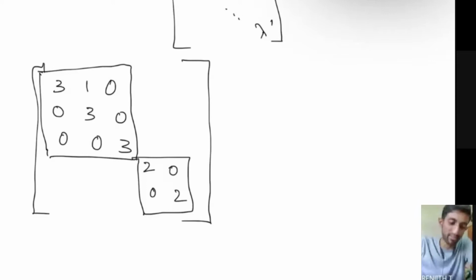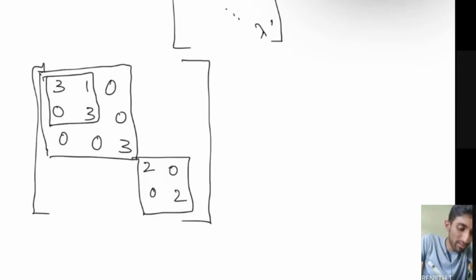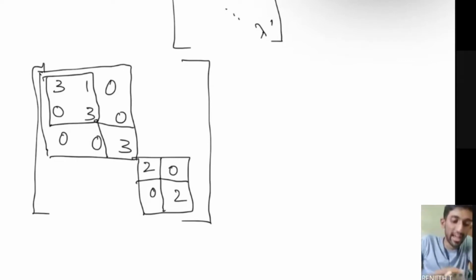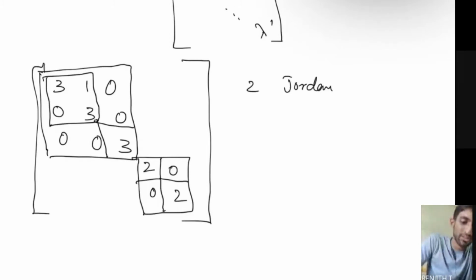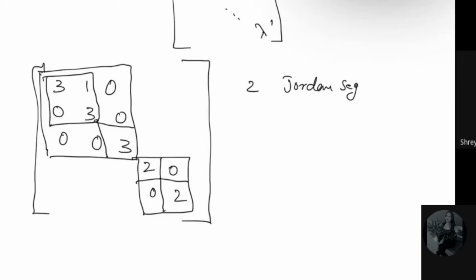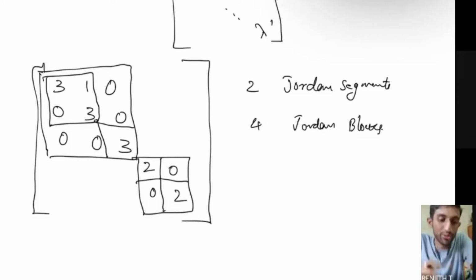So there are those two Jordan segments, and this is a Jordan block, and this is a Jordan block, this is a Jordan block, and this is a Jordan block. So there are two Jordan segments and four Jordan blocks.